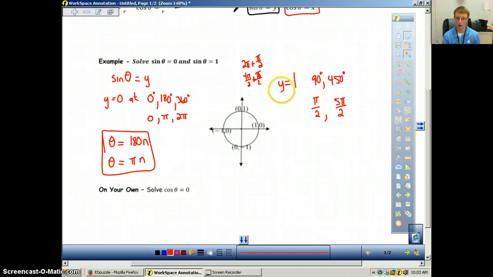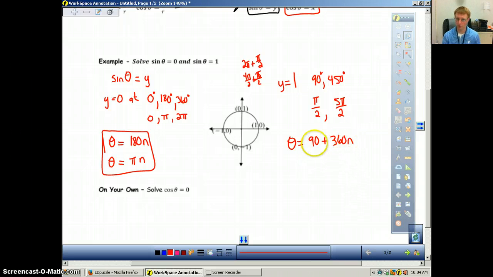So now when we write our equations here, think about what we're starting with. We're starting at 90. 90 is the first value that we get where it's equal to 1. So that means it's going to be 90 plus, and then basically, how often is it going to be 1? Well, every 360 degrees after that. So it's got to do a full circle, so it's going to be 360 times n.